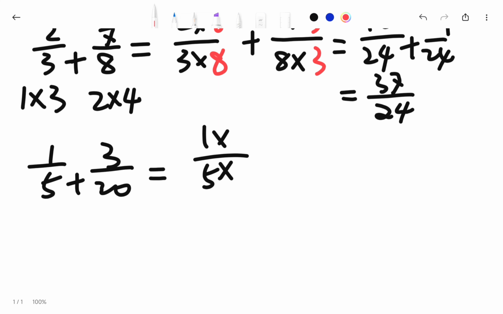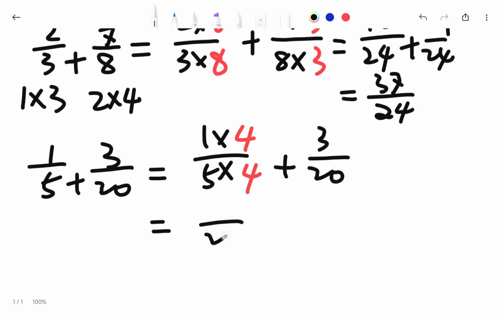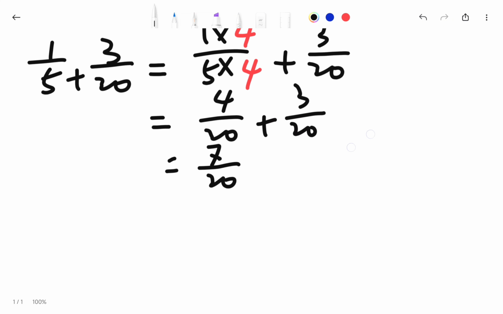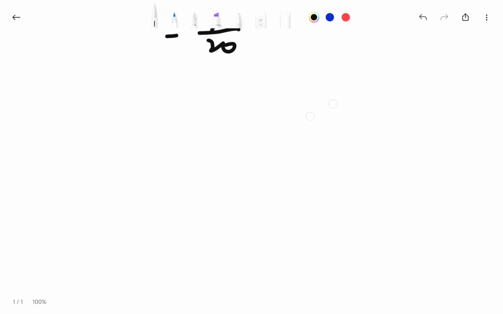And to get 20, we need to multiply 5 with 4 and do the same to the numerator. It's pretty easy so far, isn't it?